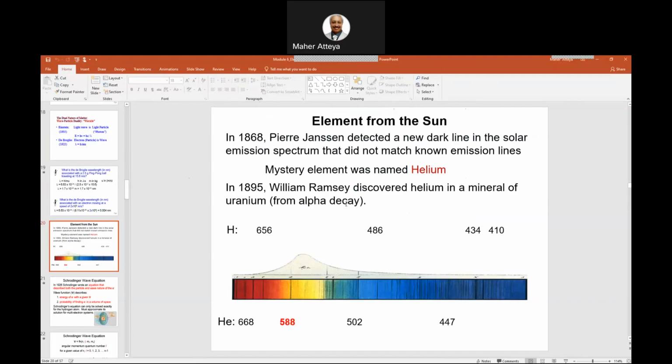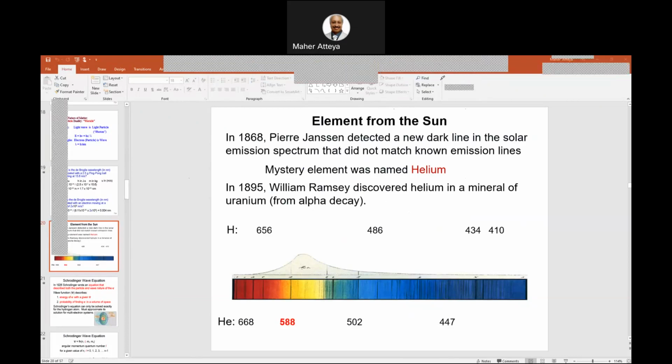From the alpha decay came out the helium.